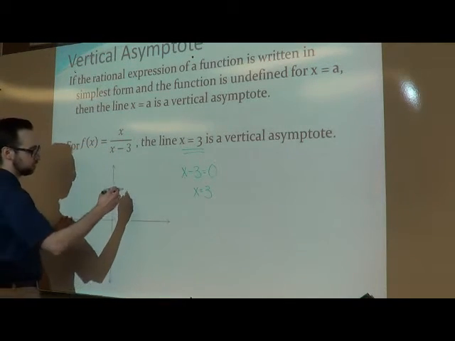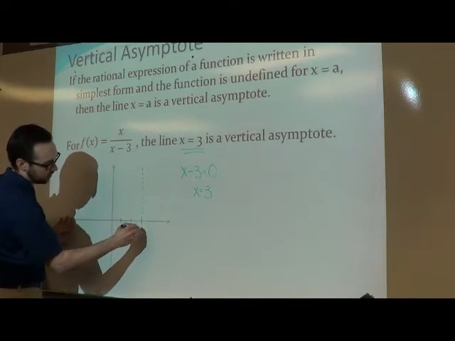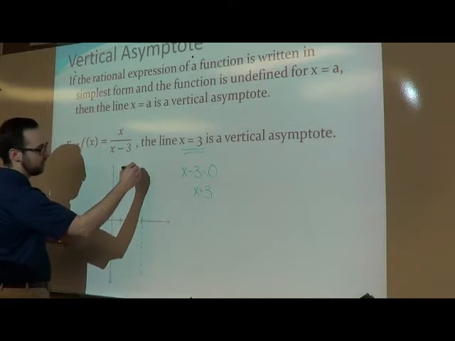So what that means is, when I come over to 3, a vertical asymptote is just going to be a dotted line going through x equals 3 that the graph cannot cross.